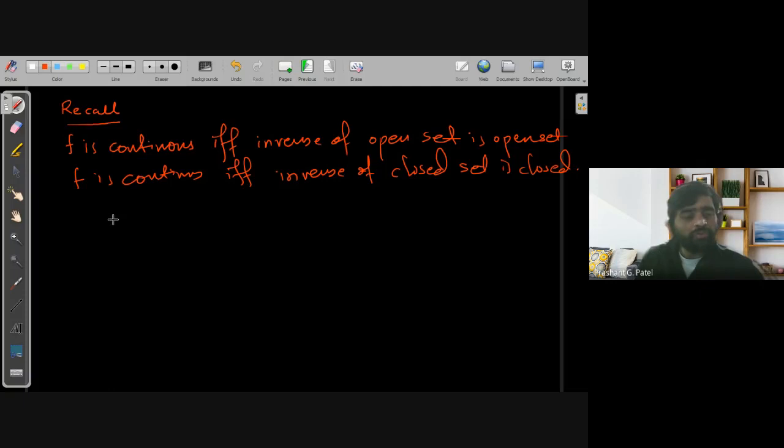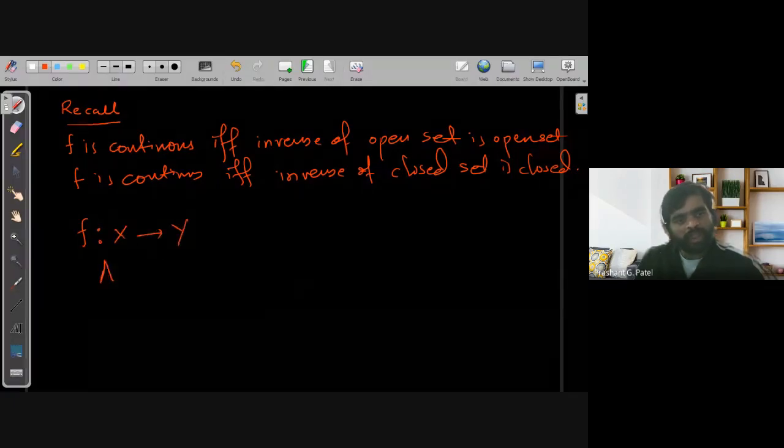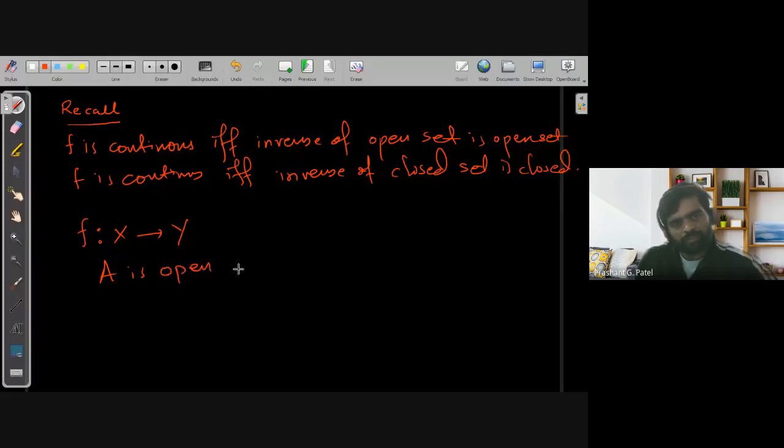Also, we have discussed that if f is a function from X to Y, and A is a closed set or open set, and f is a continuous function, then it will not imply that f of A is open.